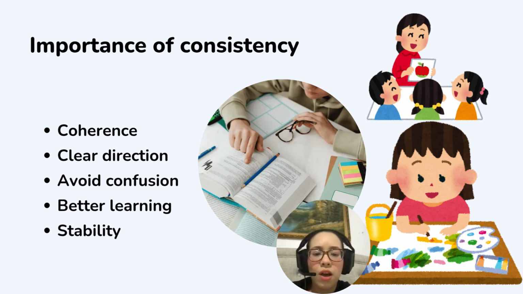On the other hand, when they are used properly, they provide a clear structure and make learning easier to follow. Another important point is that consistency leads to better results because students understand what to expect. So overall, applying principles in a consistent way helps to create a more stable and effective learning experience.